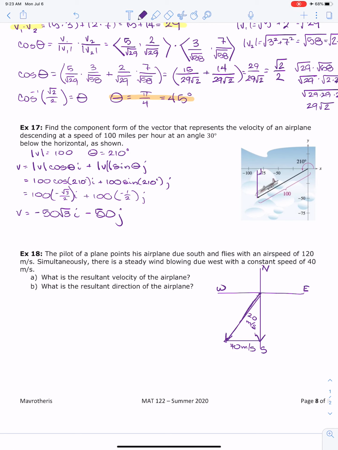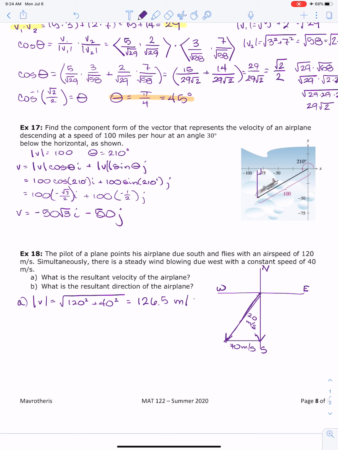Now, this is a right triangle. So for A, we have got that magnitude, the magnitude of the resultant, square root of 120 squared plus 40 squared. Once we crank that all out, I get 126.5 meters per second, rounded to one decimal place.